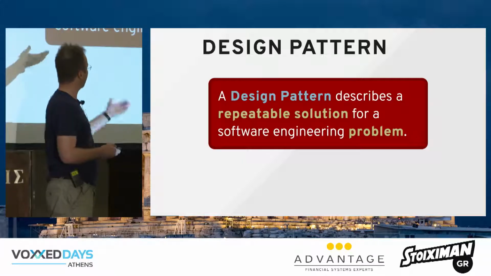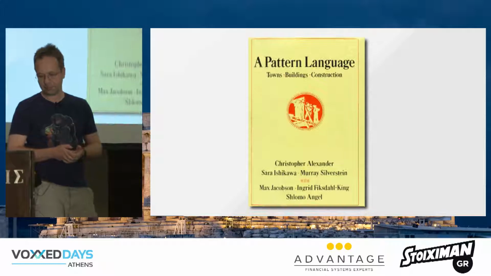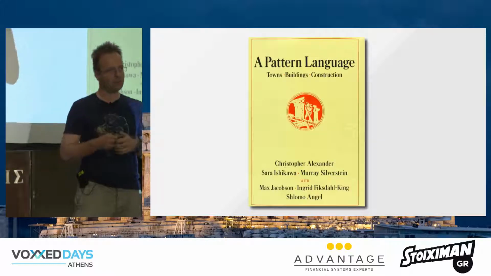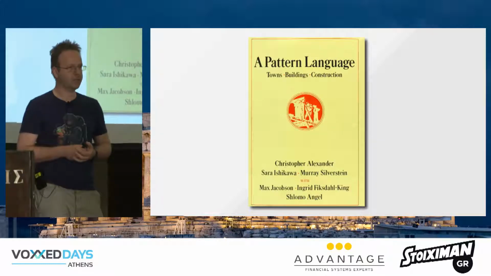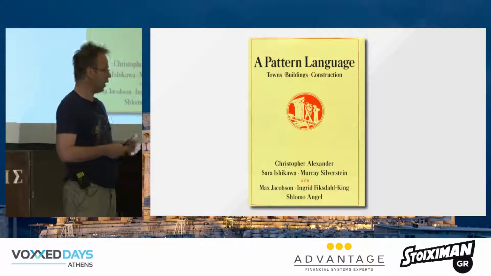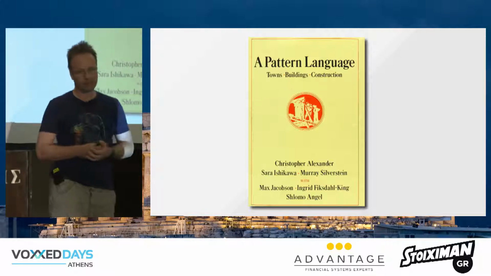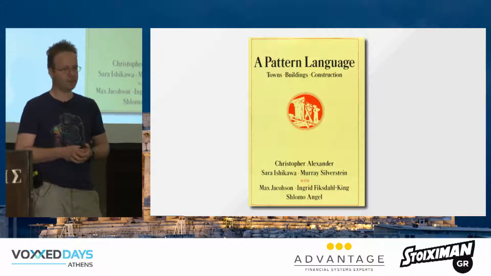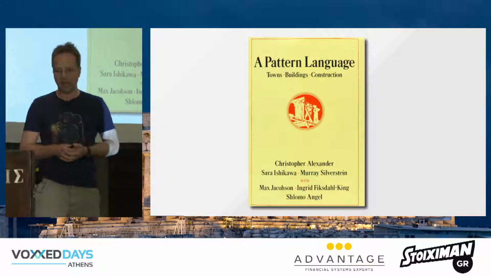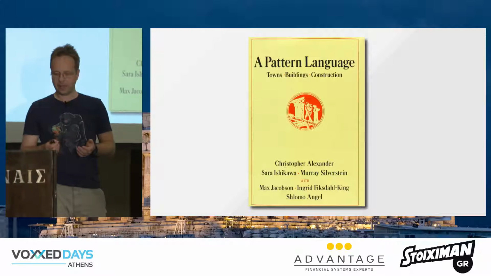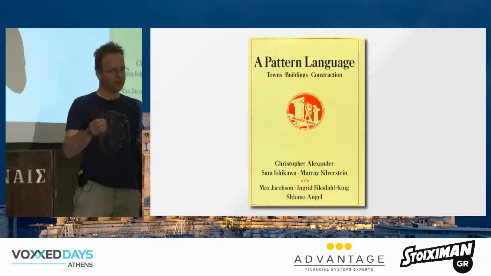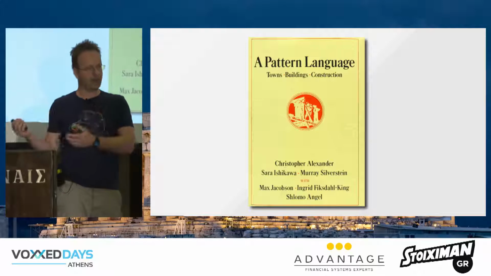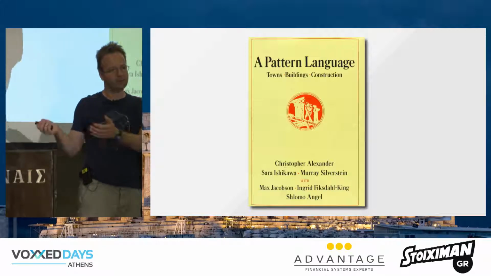And where do these patterns come from? Astonishingly, they don't originate from the software world, but from a groundbreaking book called A Pattern Language. It was written in the 1970s by an architect named Christopher Alexander and his team. They put together some common patterns in the realm of architecture, of building towns and constructions.